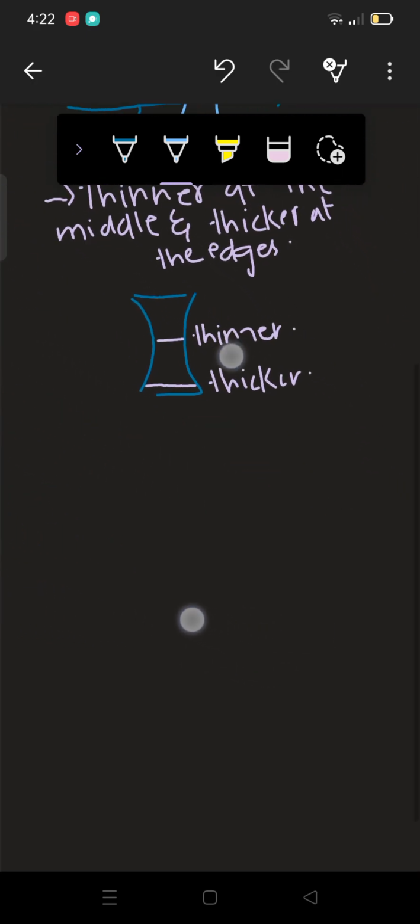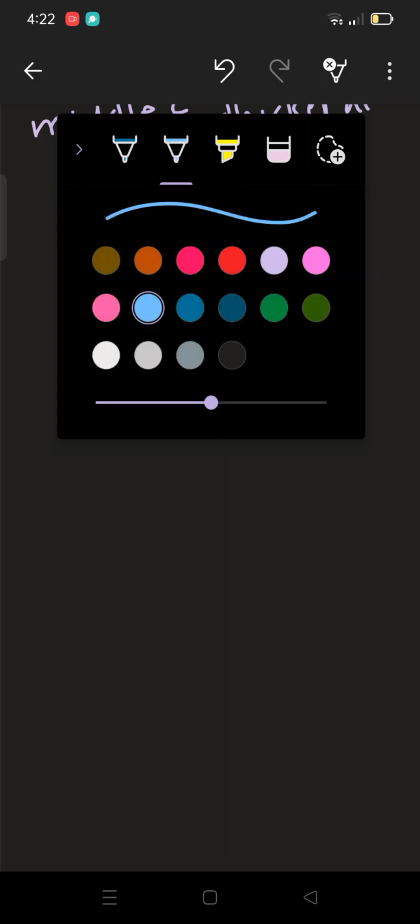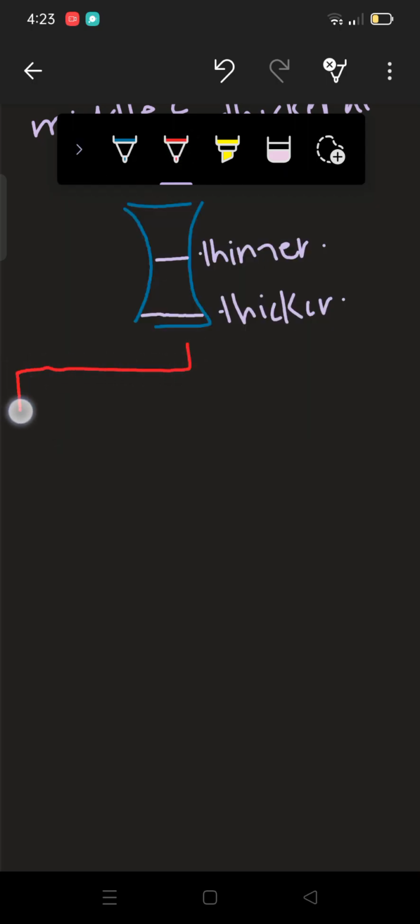Now let's talk about the types of concave lens. The concave lens is also divided into three types.